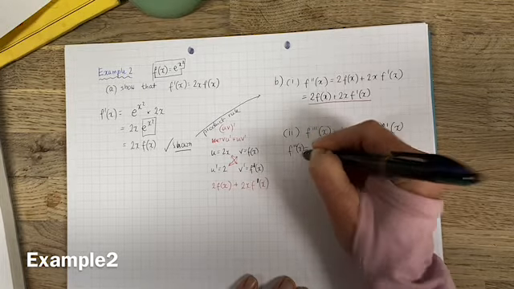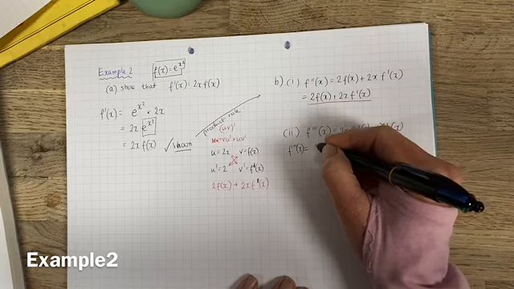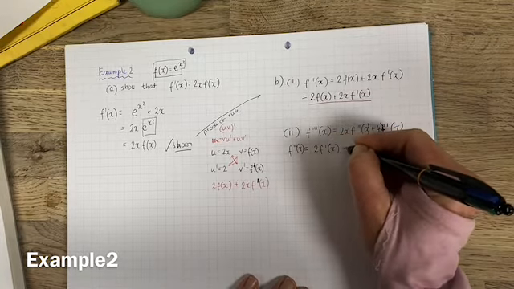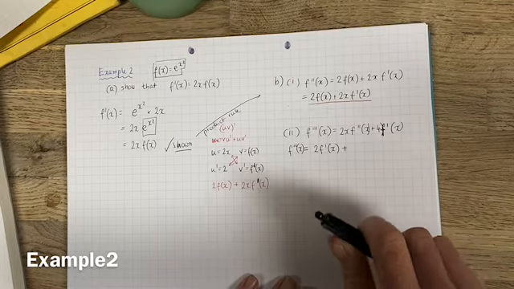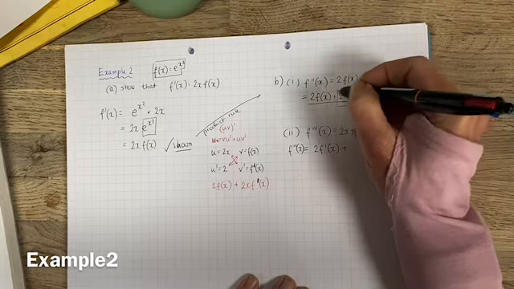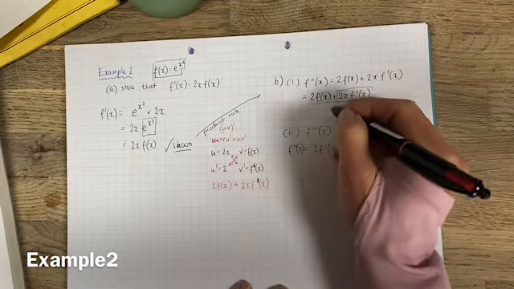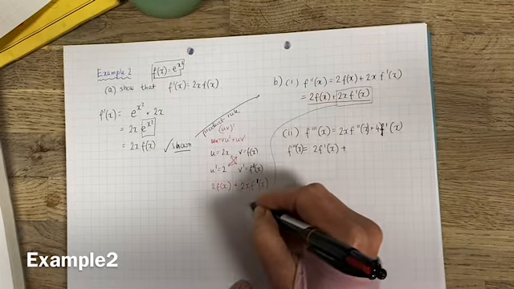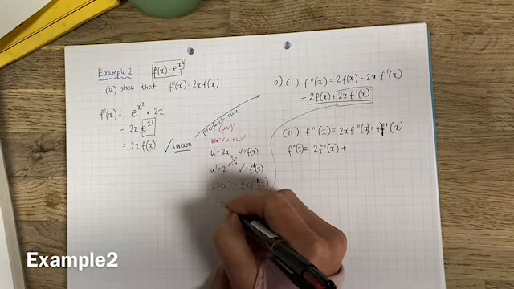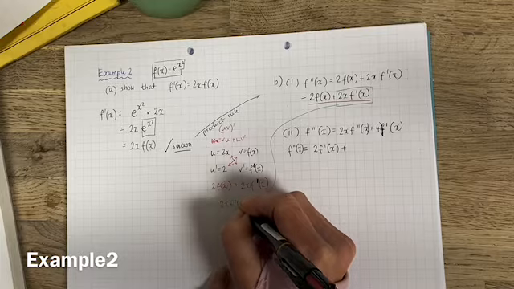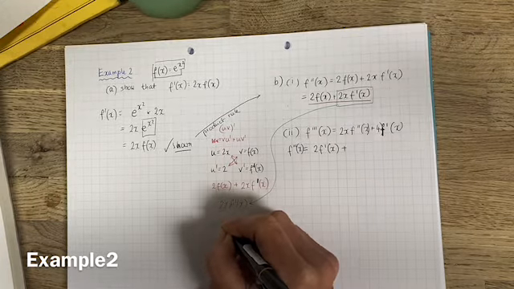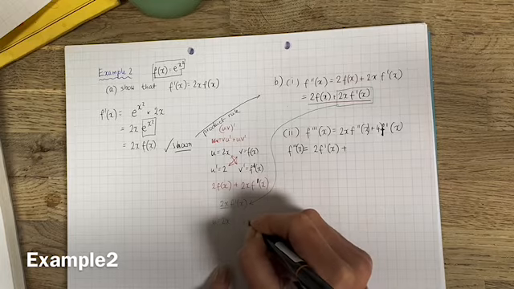We are going to differentiate 2f of x to get 2f dash of x plus, and over here we're going to do another product rule for this part. Okay, so let's just do that. I don't need to quote it because I've already quoted it. So we're going to differentiate 2x f dash of x over here. So this is going to be my u, and this is going to be my v.